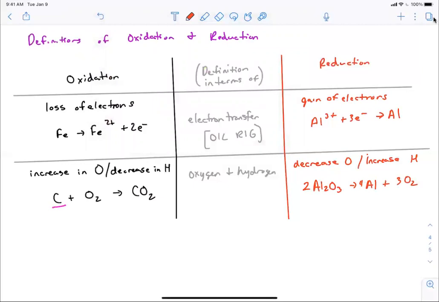You can see it like in the decomposition of aluminum oxide, okay? And so you're decreasing the amount of oxygens in that species.